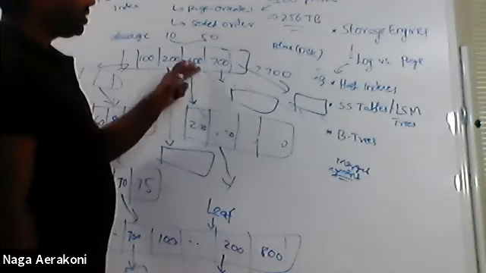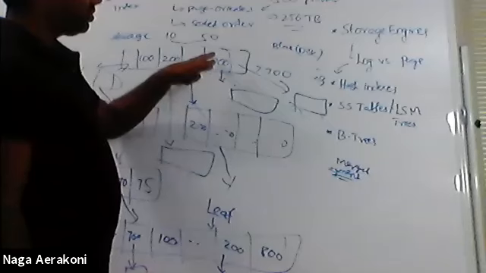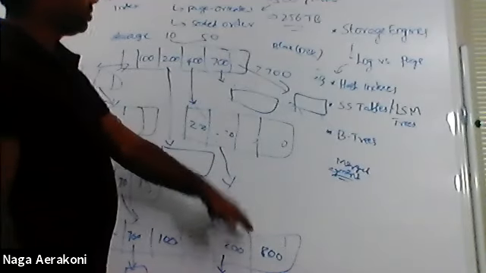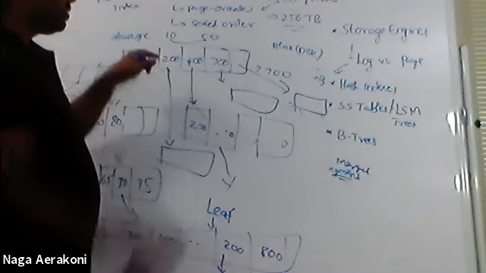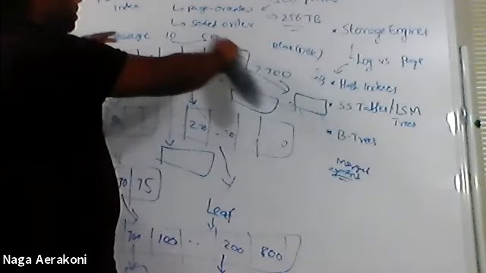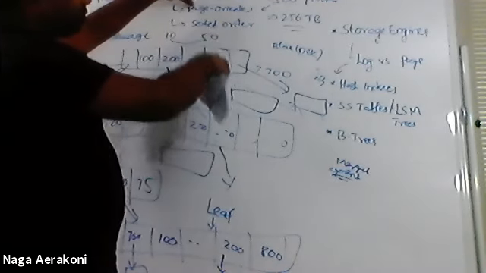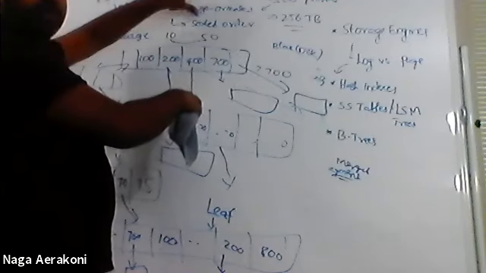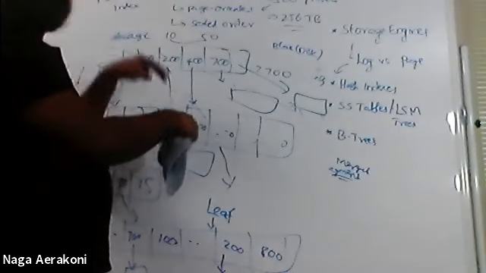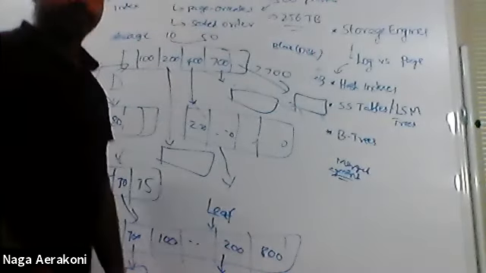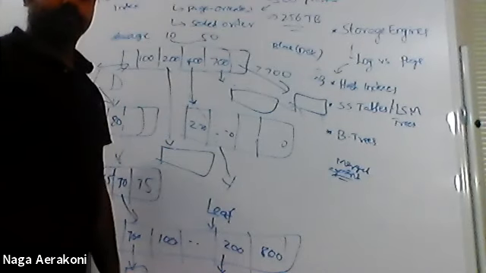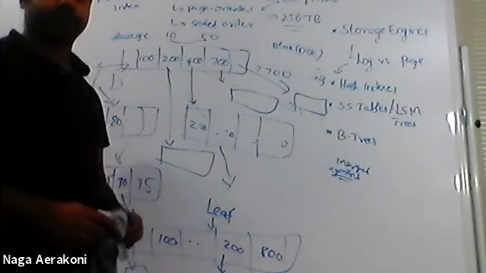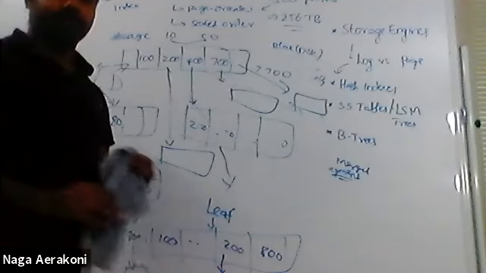All you make sure is that you have a reference from the parent to the new one, and if the parent also became full, you split it into two equal halves and insert one more master root index node, which will contain this many levels. Am I clear? Yes. Thank you, Naga.